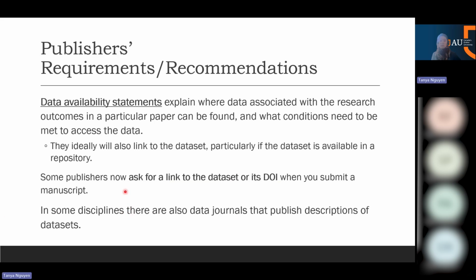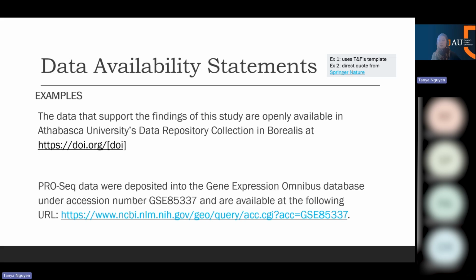Okay, so moving forward. So this is an example of a data availability statement. So I'll just go over this one. The data that supports the findings of this study are openly available in the Athabasca University Data Repository Collection in Borealis at this digital object identifier link.